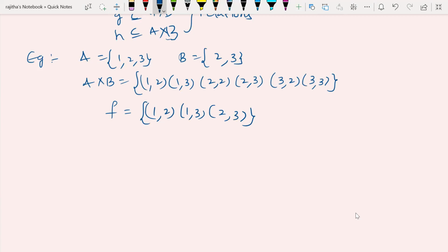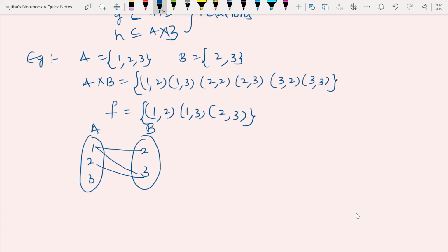So 1 corresponds to 2, 1 corresponds to 3, 2 corresponds to 3. Here is set A {1, 2, 3} and here is set B {2, 3}. This is nothing but F. Here F is a mapping from A to B, a relation.